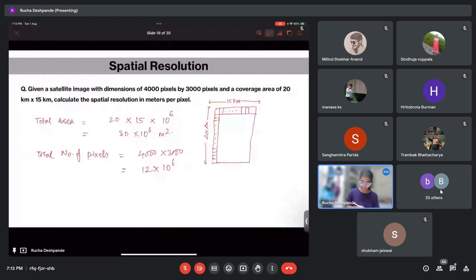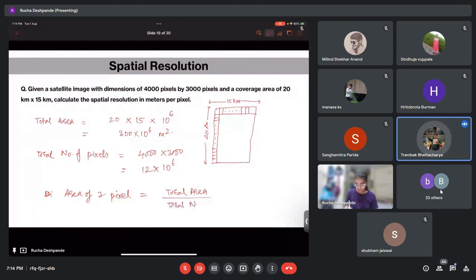So the area of 1 pixel will be 300 million divided by 12 million, which is 25.